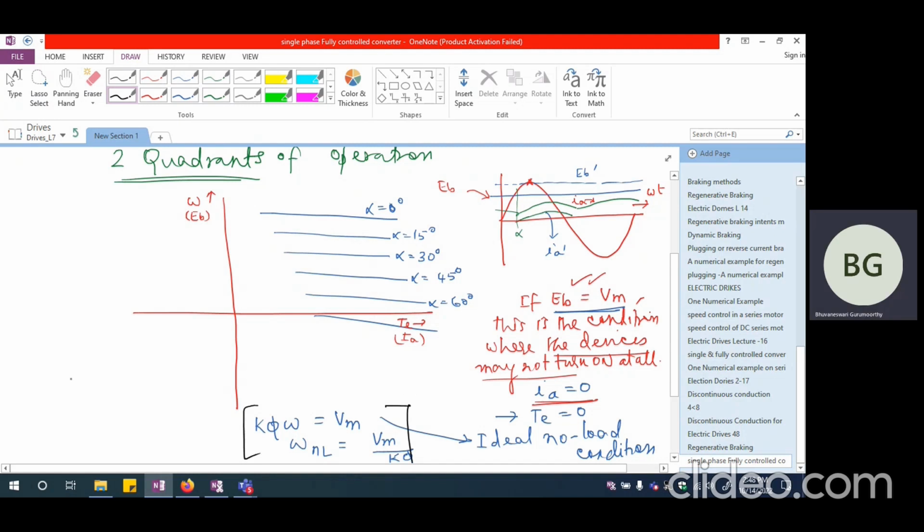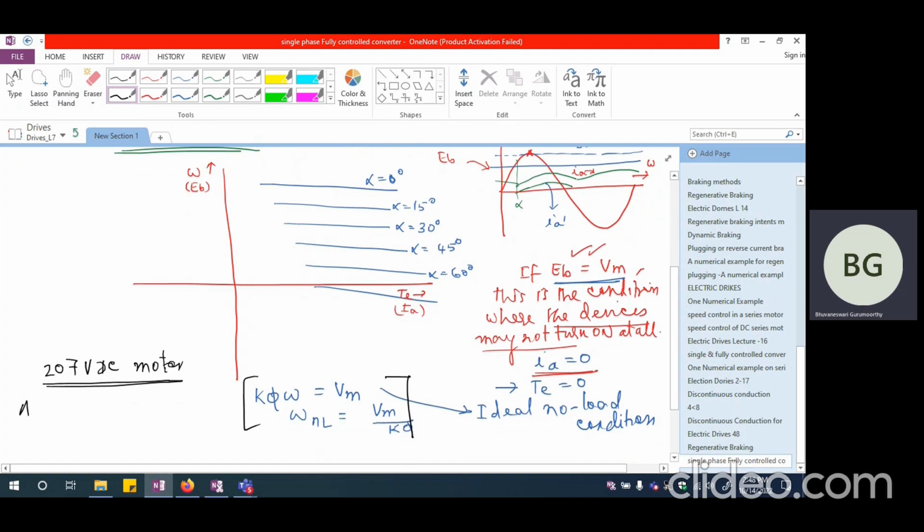Now, if I say that I'm going to have something like a 207 volts DC motor, I'm specifically taking a value for some purpose. So this is a 207 volts DC motor. And let us say I want to make sure that my converter is able to feed 207 volts to my DC motor when it is working at alpha equal to 0 degree.